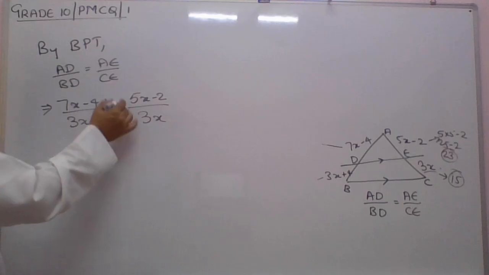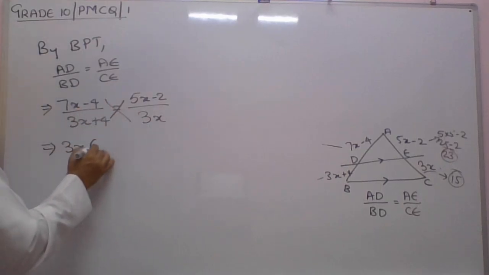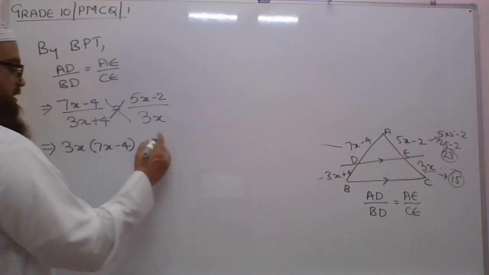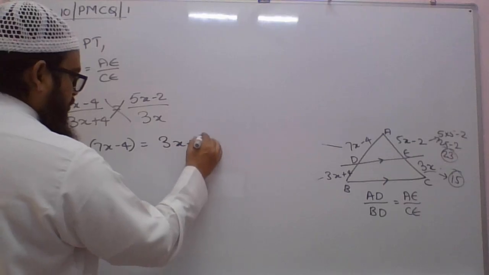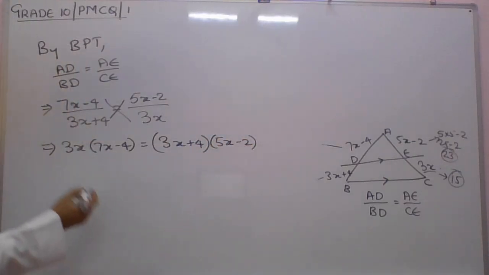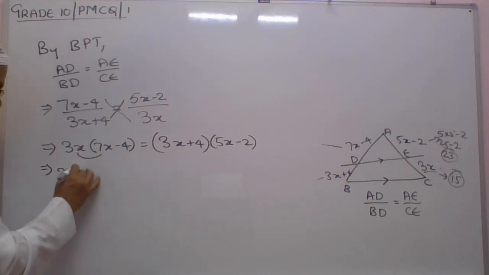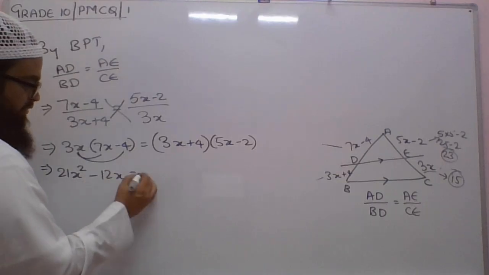So now transpose, that implies 3x multiplied by 7x minus 4 is equal to, you take this to numerator, 3x plus 4 multiplied by 5x minus 2. Let us multiply now. 3x into 7x, 21x square. 3x into minus 4, minus 12x.